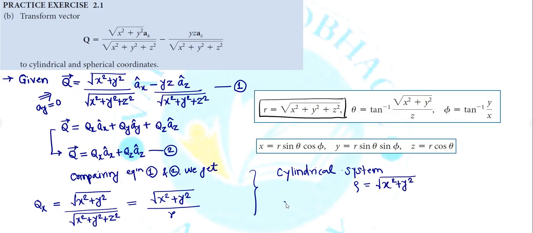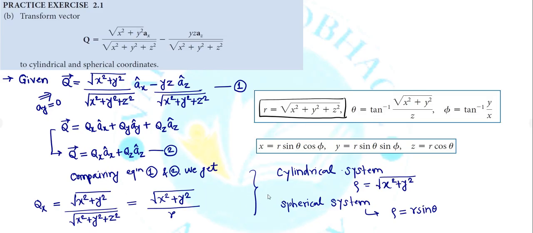But in the spherical one, what do we have for that rho? You can refer to your theory book for this. So rho is equal to r sine of theta. So you can put that value of rho over here.